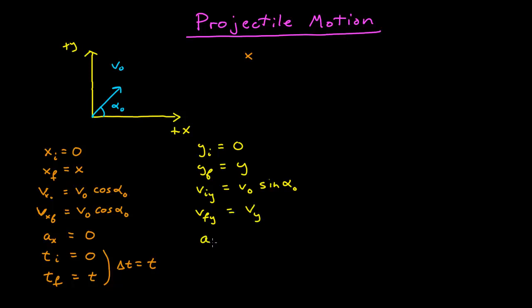Our acceleration in the y is towards the center of the Earth, so that's a negative g, and our initial time is 0, and our final time we'll call t.